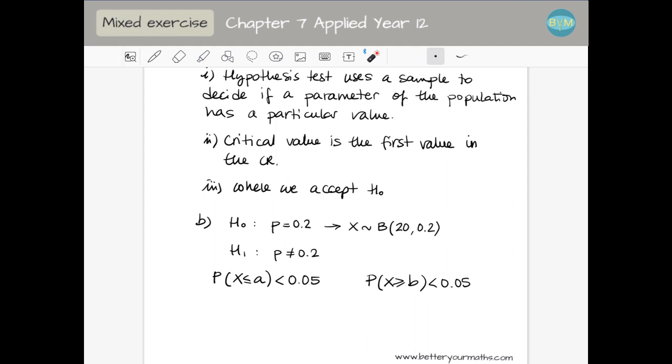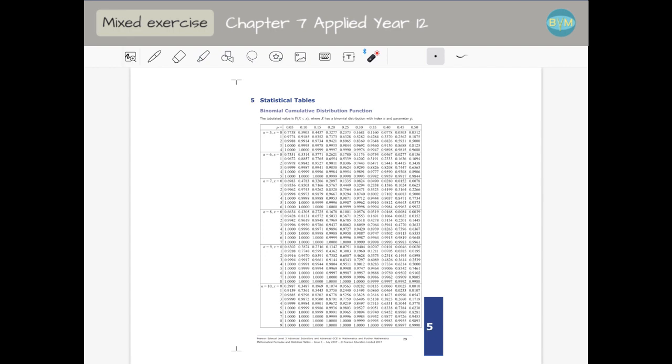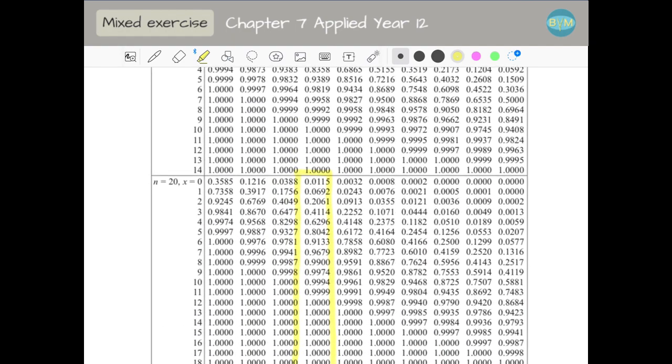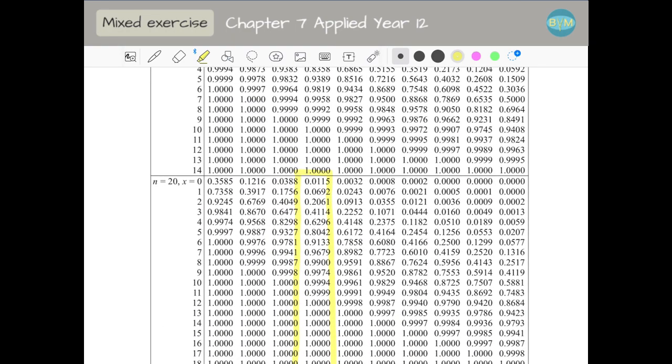This one, the first one, we can find straight away because we have smaller or equal on the tables, n 20, probability 0.2. If we go to the statistical tables in the formula booklet, n 20 probability 0.2 is this column here. So we look for the first one that is smaller than 0.05.